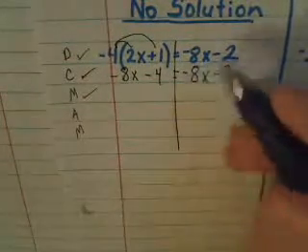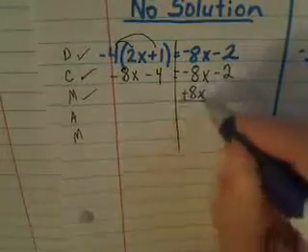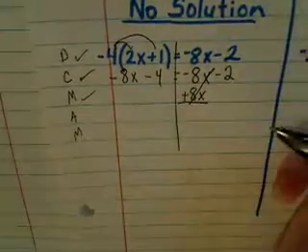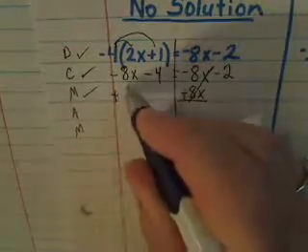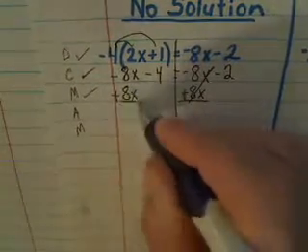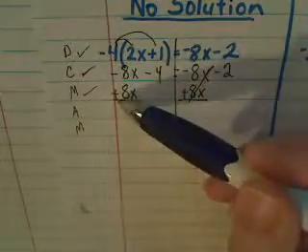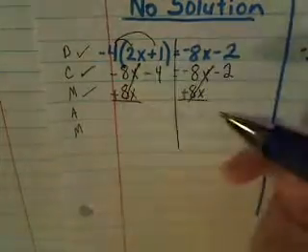This is a negative 8x, so I'm going to add 8x here. Those are inverse signs of 8x, so they're going to cancel. If I add 8x to that side, I have to add 8x over here. Well, I want you to notice, those are inverse signs, just like they are over here, so they're going to cancel.